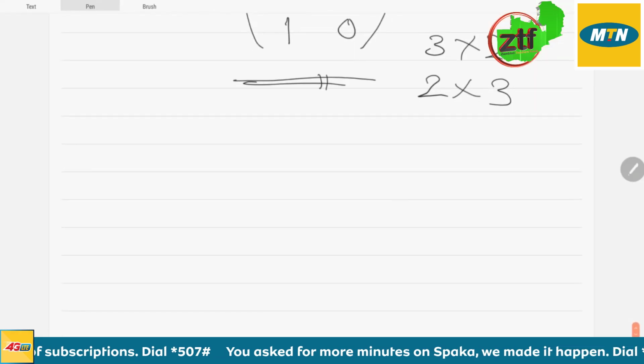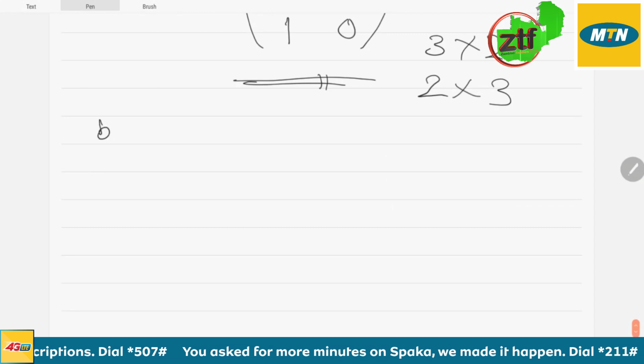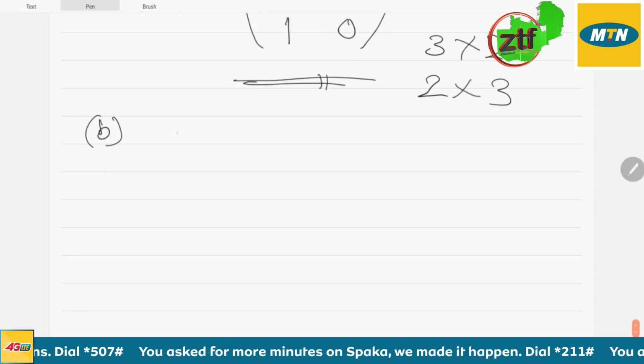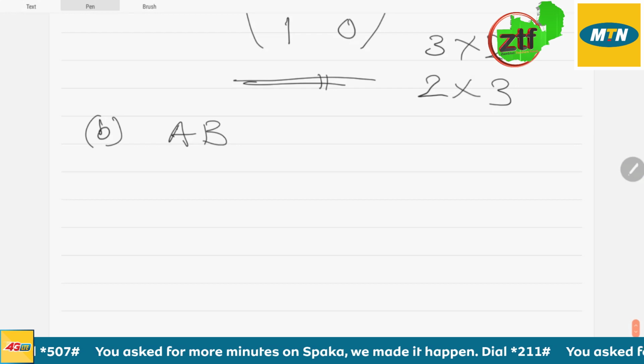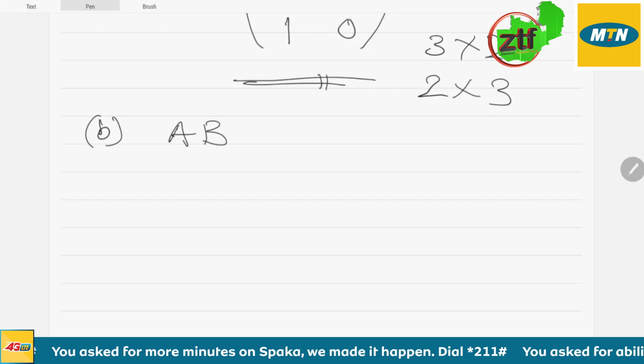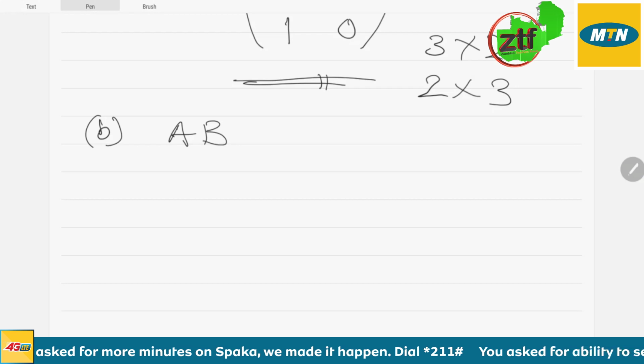Question number 2, part B, you have AB. So they are asking you to express the matrix AB as a single matrix.